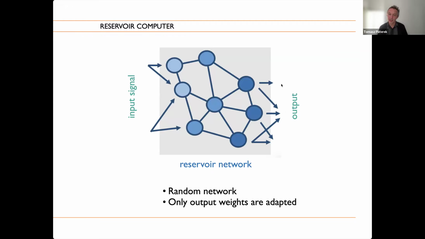What you will change is only one layer of certain couplings that I will show you later to get the final output. So that's the basic idea of this classical reservoir. It's a fixed network that is not going to be changed, and all of the artificial intelligence business just goes on at a single output layer. And it turns out that this is doing the job.